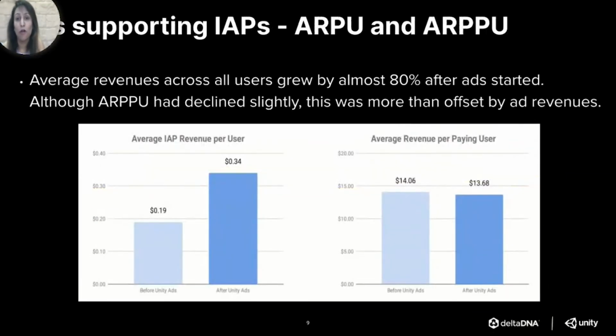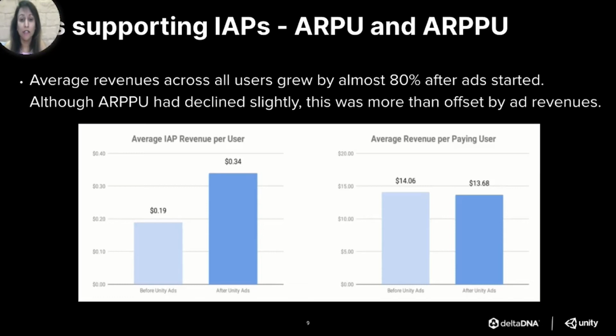Now this is more interesting. This looks at how ad support and in-app purchasing become more detailed, this time from the ARPU and ARPPU perspective. We can see that across a good ecosystem of the sample in our study, revenues for paying players grew by almost 80%, from 19 cents to 34 cents.